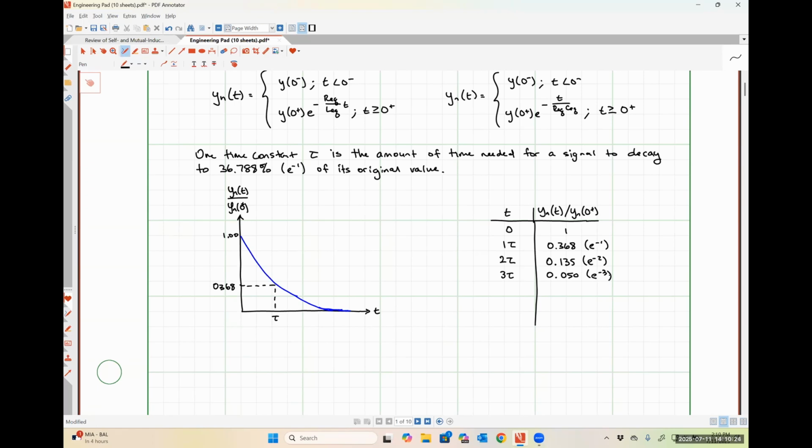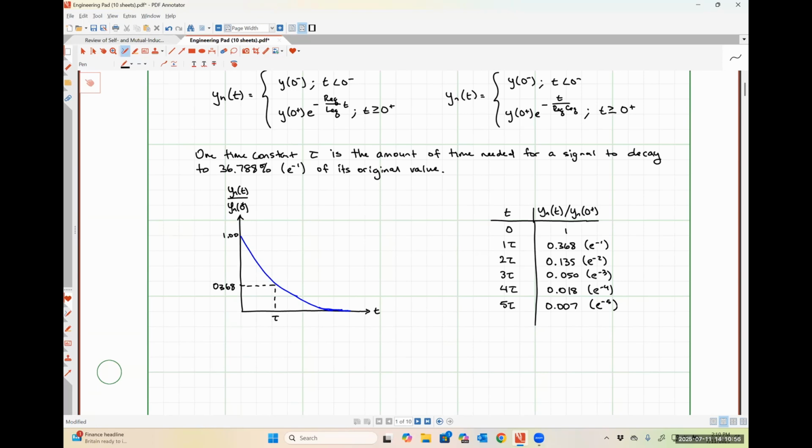At 4 tau, we have 0.0183, e^(-4). And the last one we're going to look at is 5 tau, which comes out to 0.0067, so let's just call that 0.007, which is e^(-5).